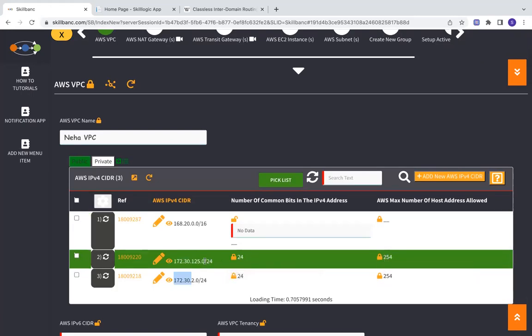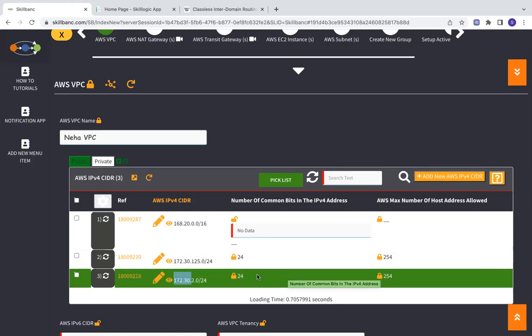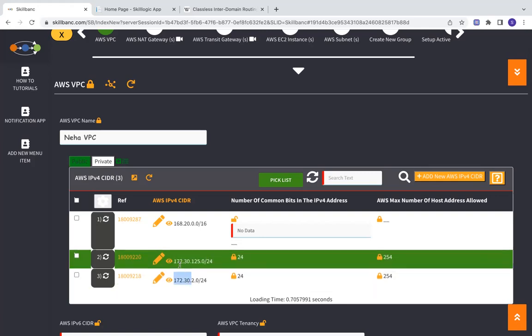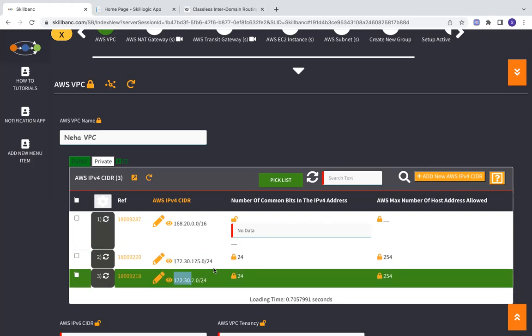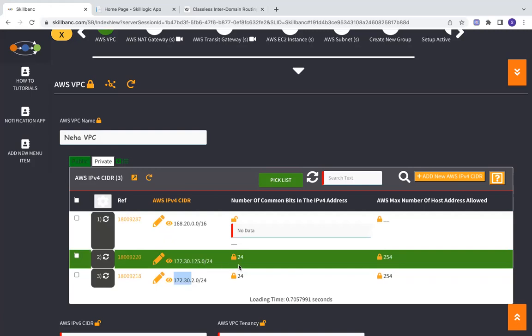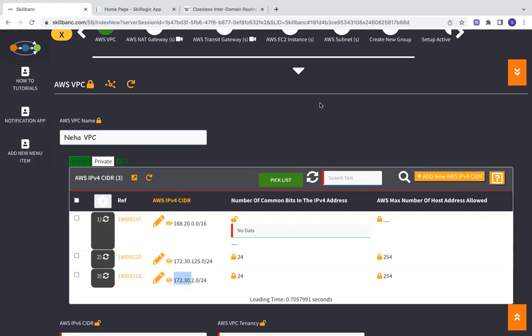2 to the power of 8 is 256. So what happens to those two addresses? Of those two addresses, one would be used for broadcasting, the all ones. 172.30.125.255 will be used for broadcasting, and .0 would be used for identifying the subnet.